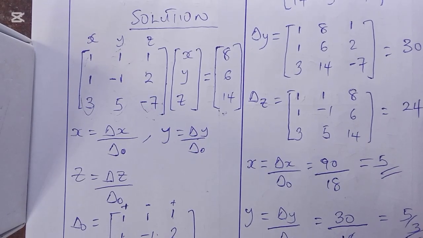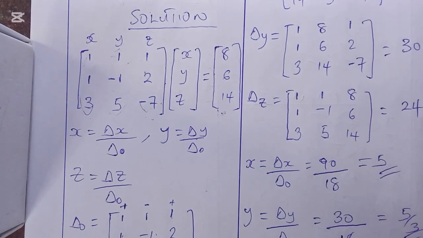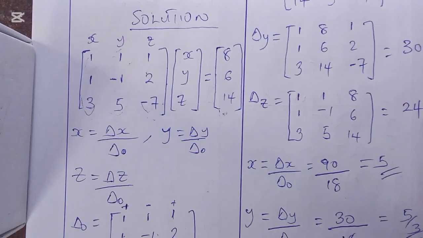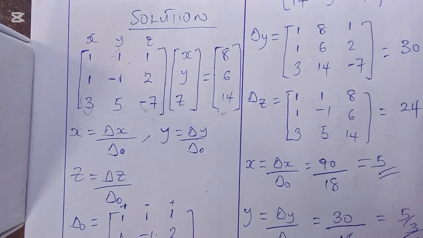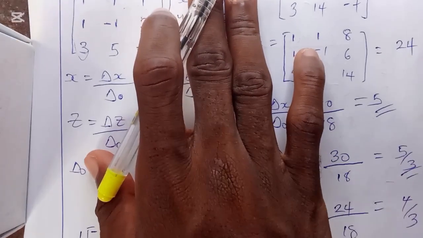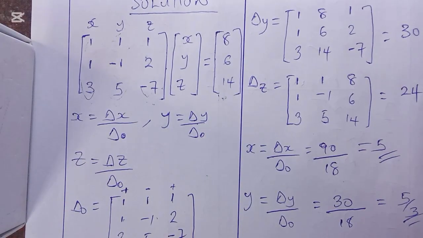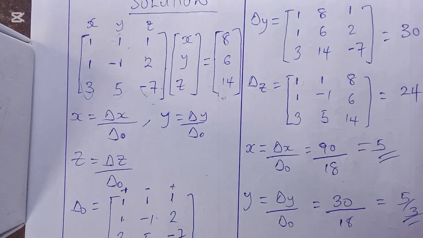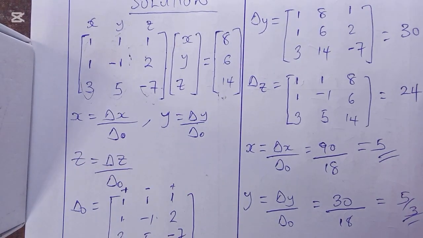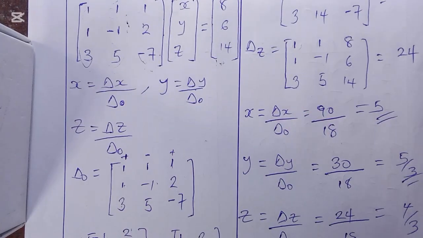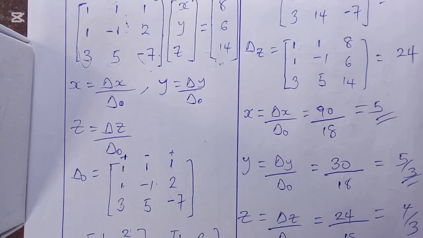Don't forget, your formula is what? x is changing x over delta naught. Then you get to changing x, changing y, and changing z. The delta naught is the matrix you derived earlier, the original matrix, which is this guy here. This is the delta naught. And you find the determinants the way we did earlier.